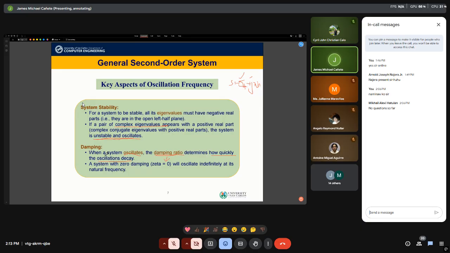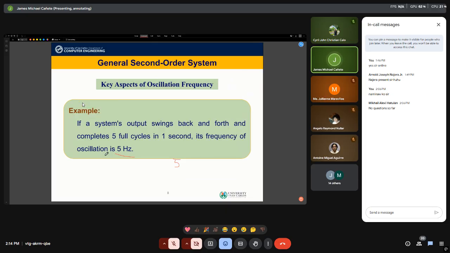We also have the term damping ratio. The damping ratio tells us how fast the oscillations go away, if they do go away. Consequently, if there is no damping, the system never stops oscillating, and you get an undamped system. It will just keep on oscillating as the system is running, or as the system is processing the input.